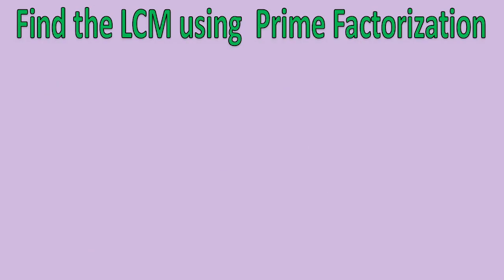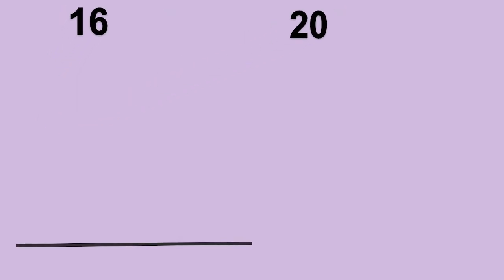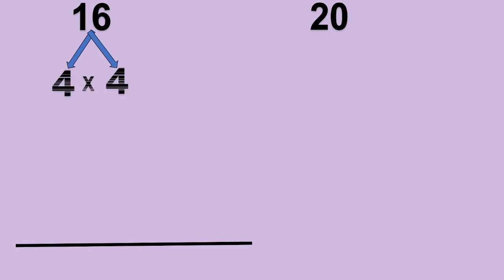Another example. Find the LCM of 16 and 20. First, let us find the prime factors of 16. Think of two numbers that when we multiply, the product is 16. We have 4 times 4.